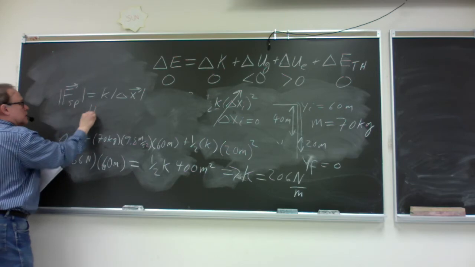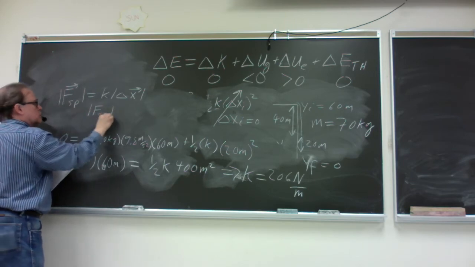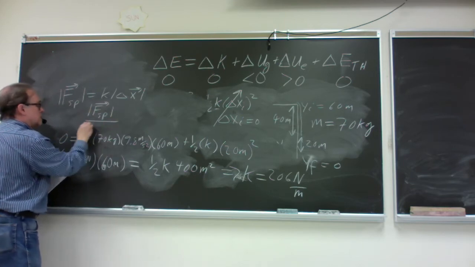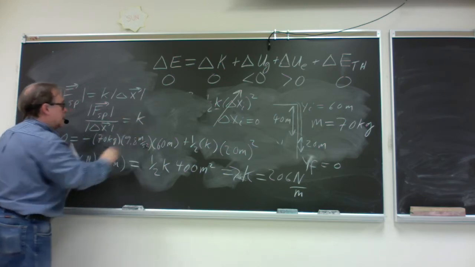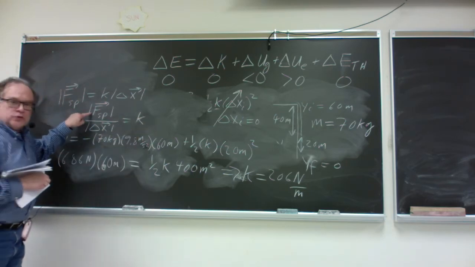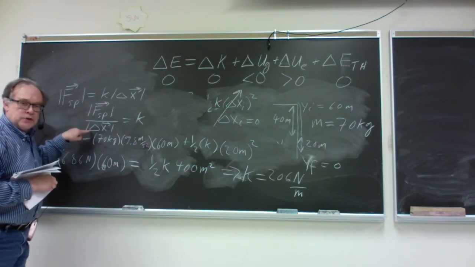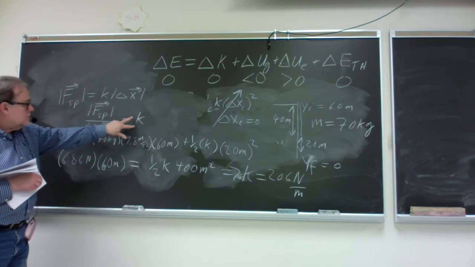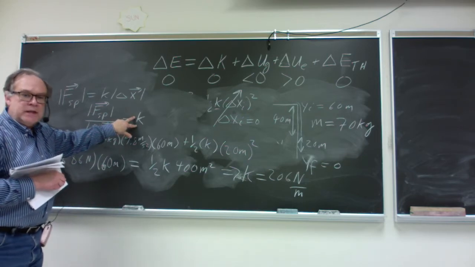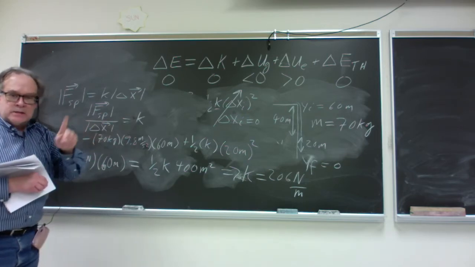So strength of the spring force, divided by the size of the displacement is K. A certain number of newtons divided by a certain number of meters, so K must have units of newtons per meter. And what that K actually means is this.